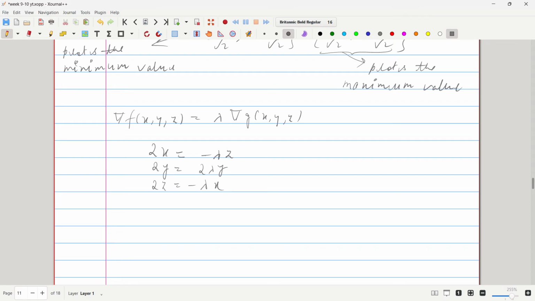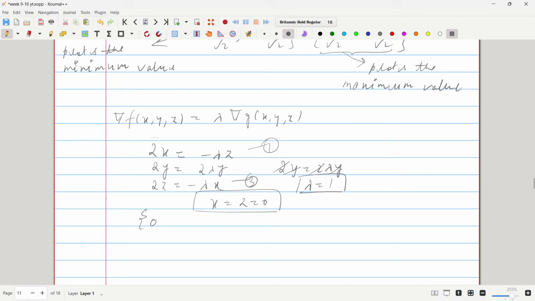Okay. So from here you can see that 2y is equal to 2 lambda y. 2y will be cancelled out and lambda will be equal to 1. Okay. And see, from equation 1 and from equation 3, you will get x is equal to z is equal to 0.